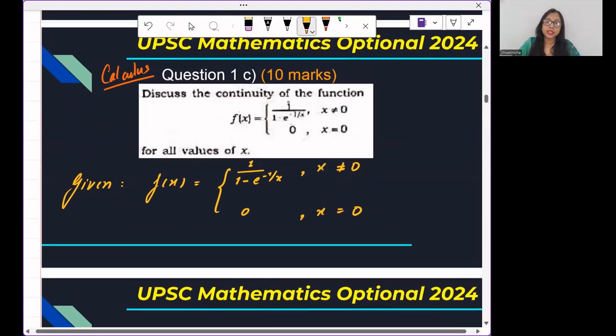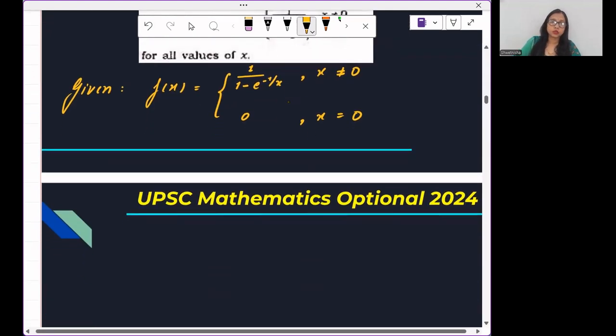Okay, see, this is definitely a continuous function at a point which is not equal to 0, because you have to discuss for all values of x. So you have to discuss for 0 separately, because I can see that 0 can create a problem. 0 is where the function breaks, and for the values other than 0, there will be no problem. So let's start.